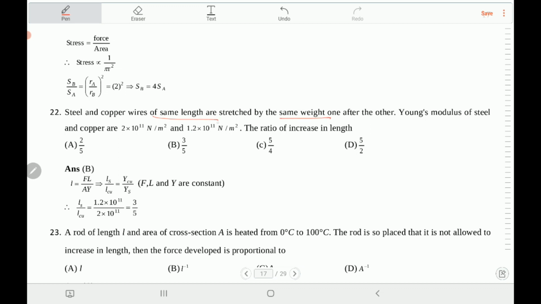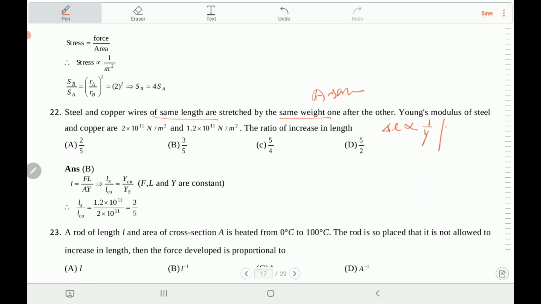F same, L same, right? And same wire, area also same, otherwise you cannot solve this. Area he is not mentioning, which means same. So what is increase in length? Increase in length is proportional to Young's modulus, inversely or directly? They are inversely proportional.